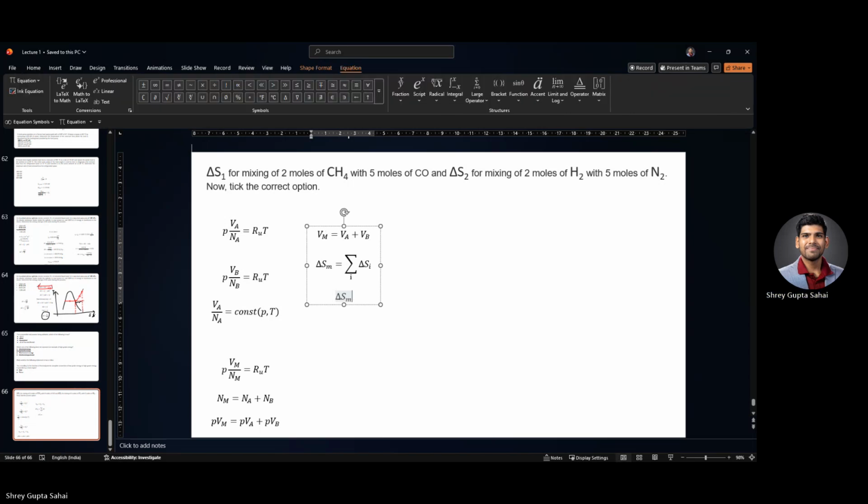Delta S M will essentially become RU, because you're expecting the option here is, I'll just tell you what the option here is.